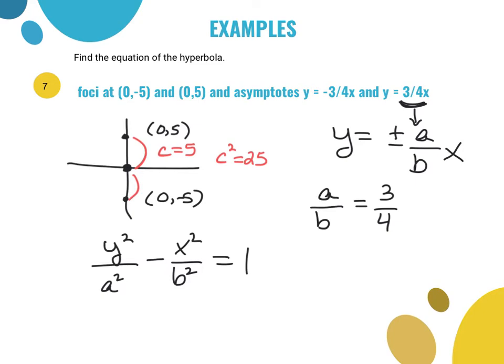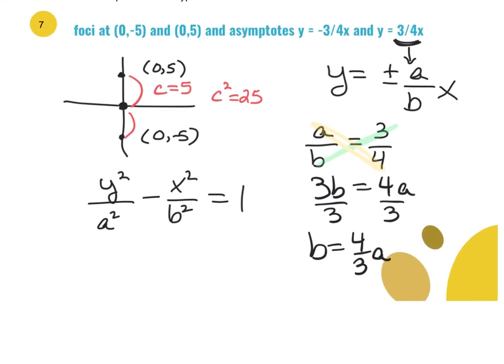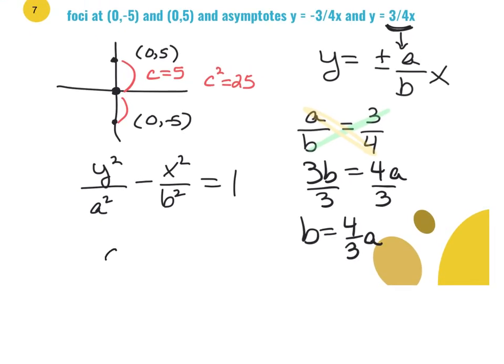So I'm going to go ahead and cross multiply, and I'm going to multiply 3 times B and A times 4, and I would get 3B equals 4A, divide by 3, and B equals 4/3 A. Now, I'm going to be plugging this information into C squared equals A squared plus B squared.